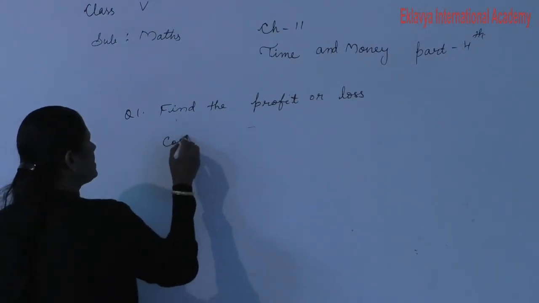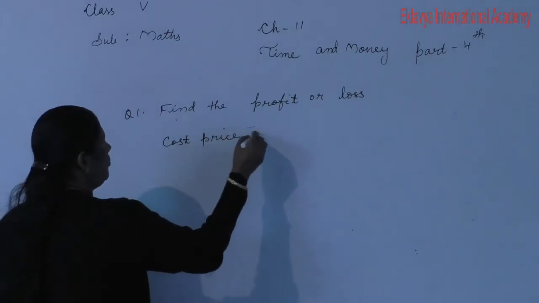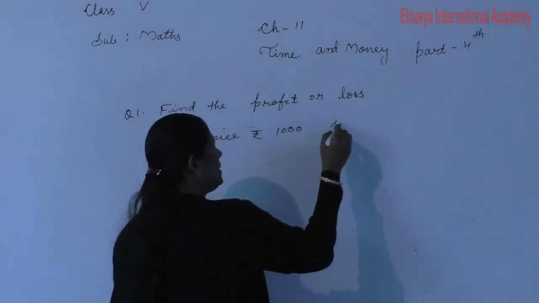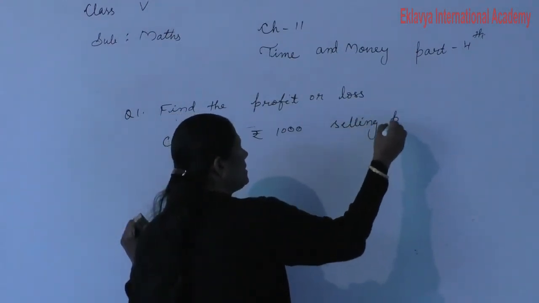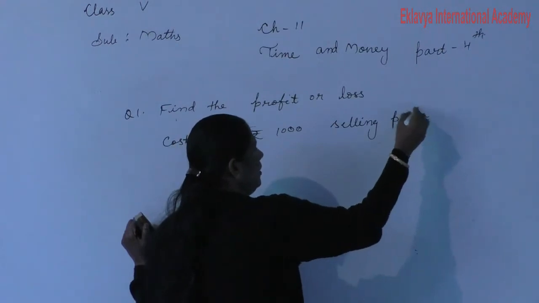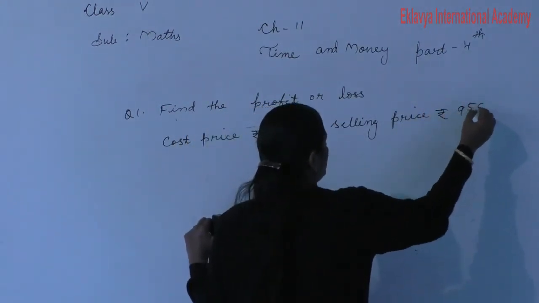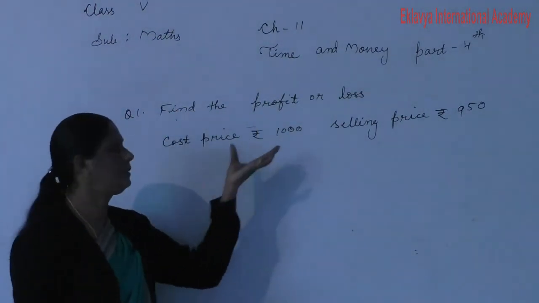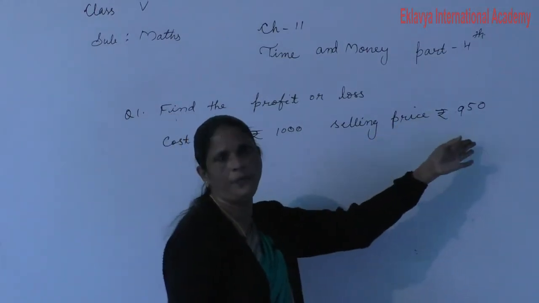Then another question. Cost price rupees 1000, then selling price rupees 950. Look here, cost price 1000, selling price 950.